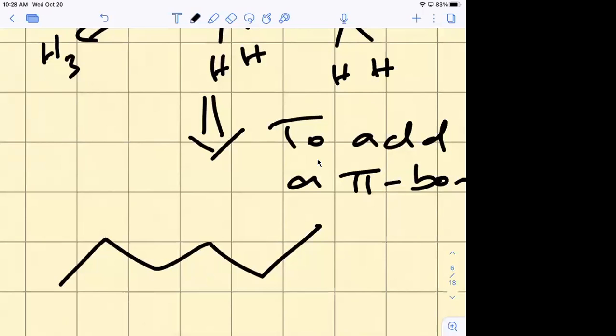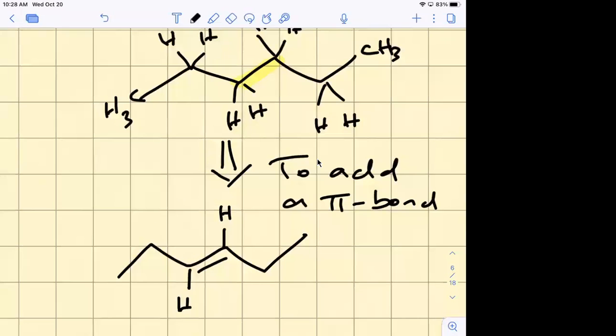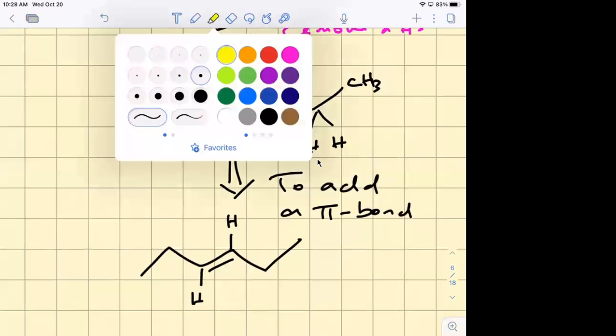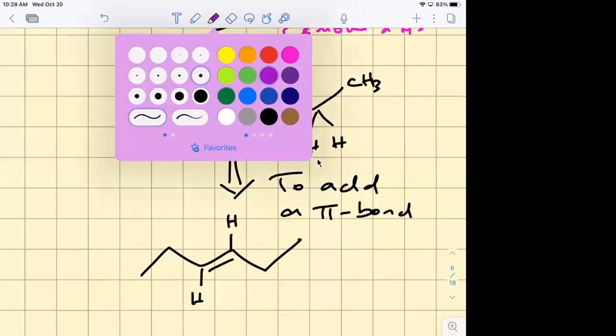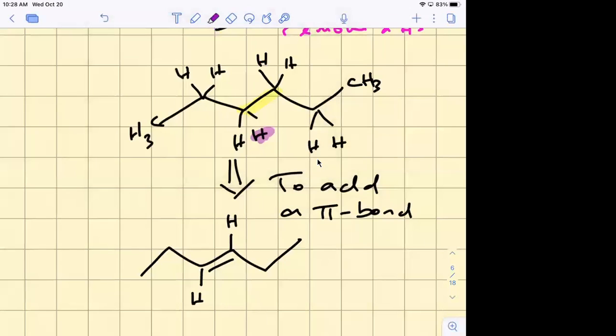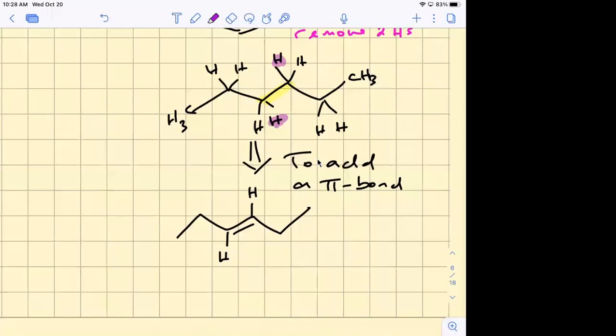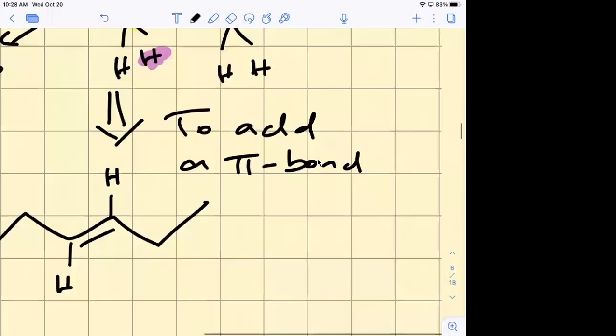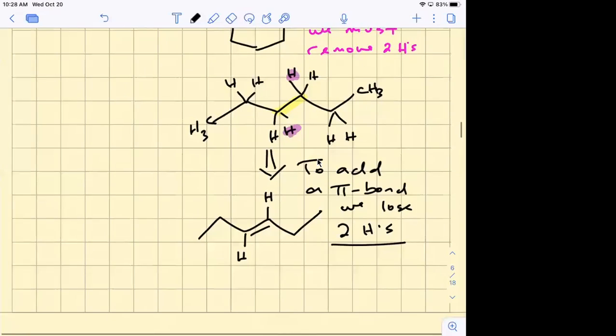Same thing: I can't have the same number of hydrogens on those 2 carbons. I need to lose 2 hydrogens. So we're going to lose this one and this one. So you have to lose two hydrogens.